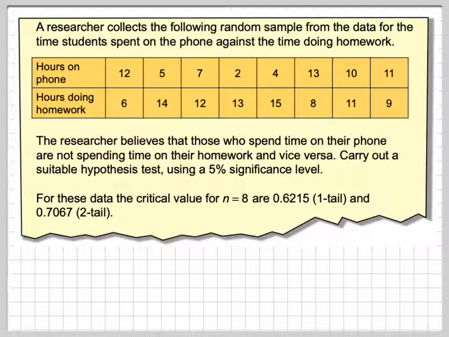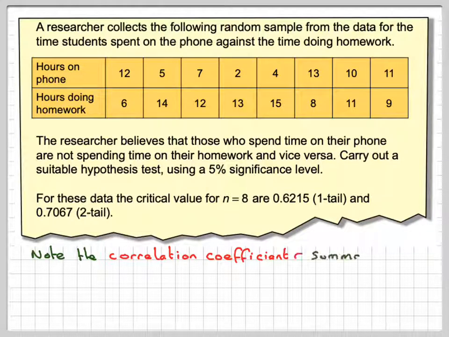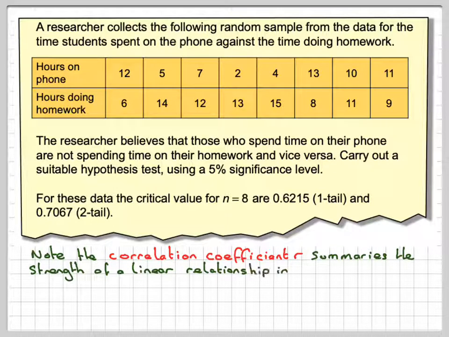Now, a little bit about the difference between r and this thing called rho. Note the correlation coefficient, r, summarizes the strength of the linear relationship in samples only.